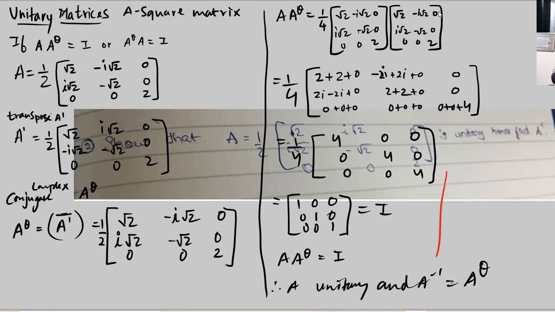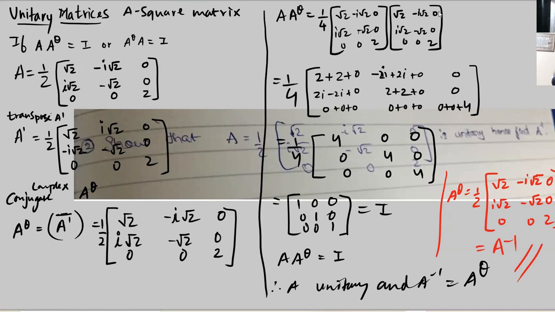A theta is half, as we found on the left hand side: root 2, I root 2, 0; minus I root 2, root 2, 0; and 0, 0, 2. So this is the result. Hence, we have found A inverse. A raised to theta is A inverse. Any doubt?